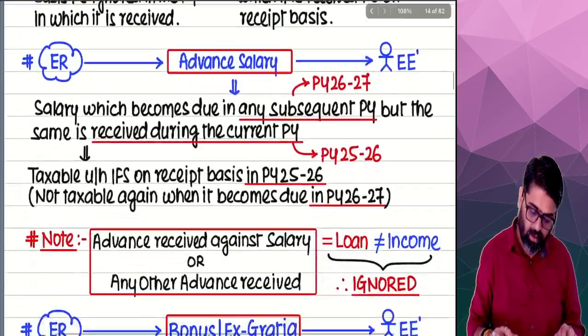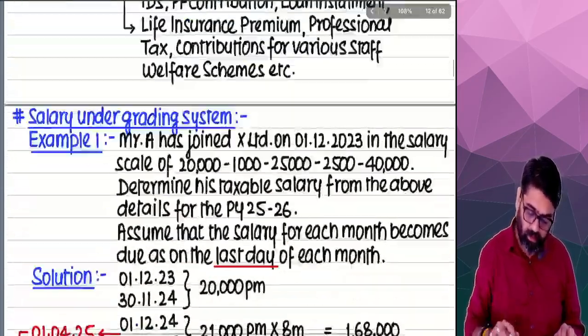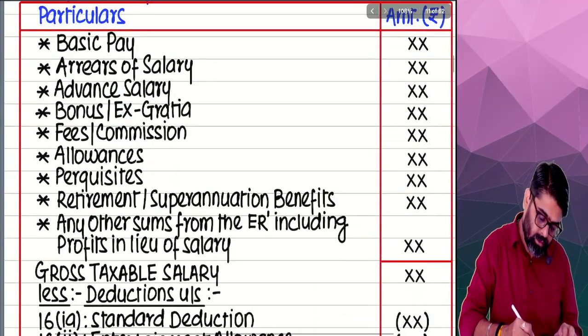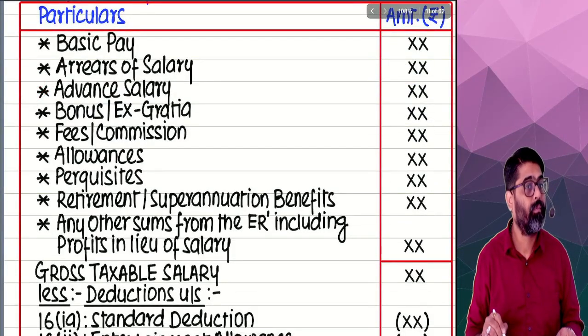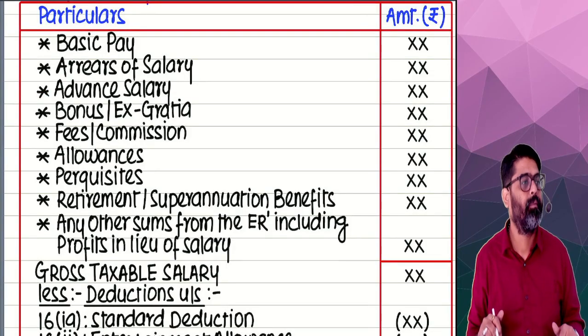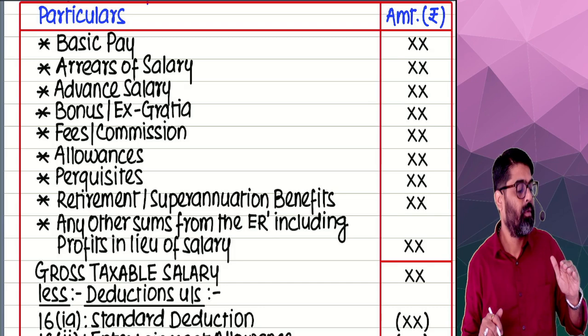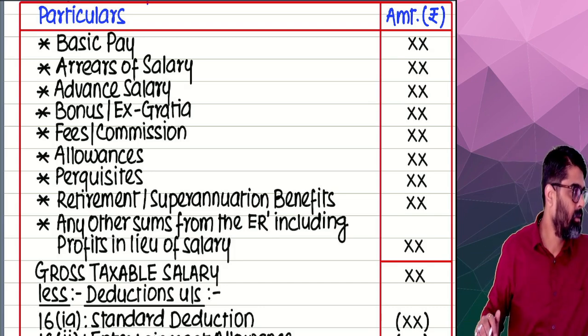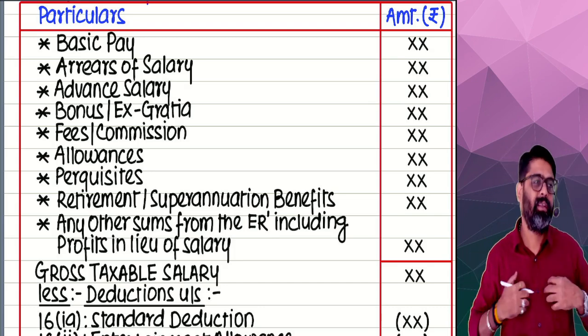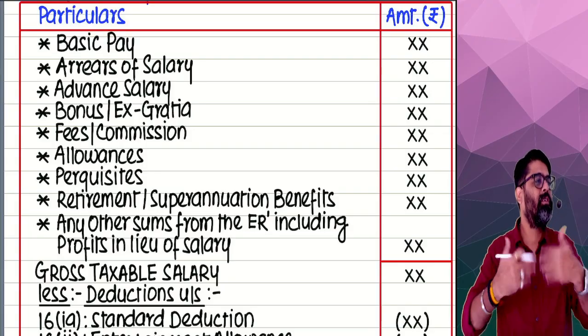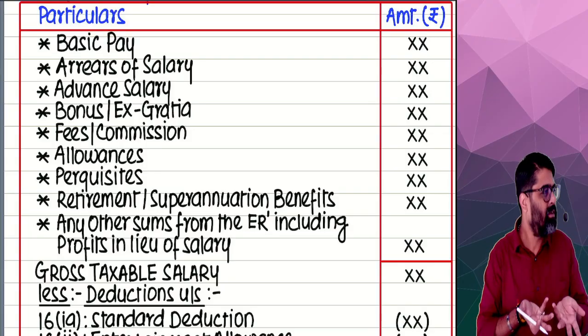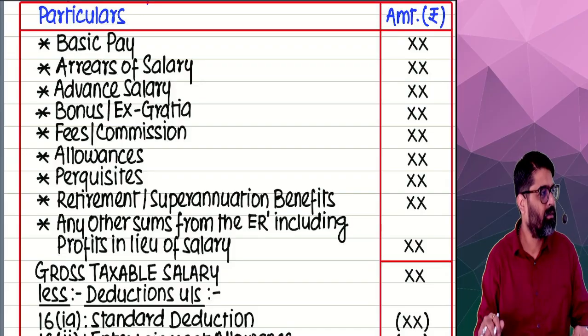Now, in your statement, can you see after arrears, advance salary is also there? What is advance salary? The salary of the next period. See, this year's salary that you receive in advance in this year will not make any difference. Why?